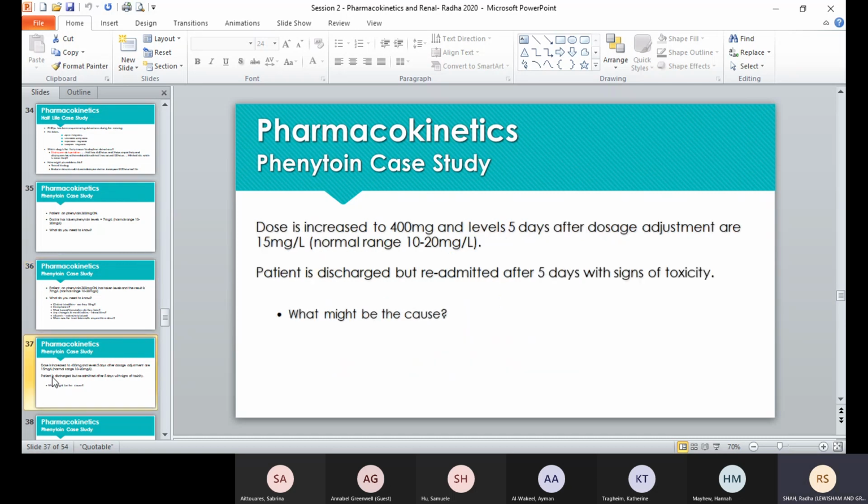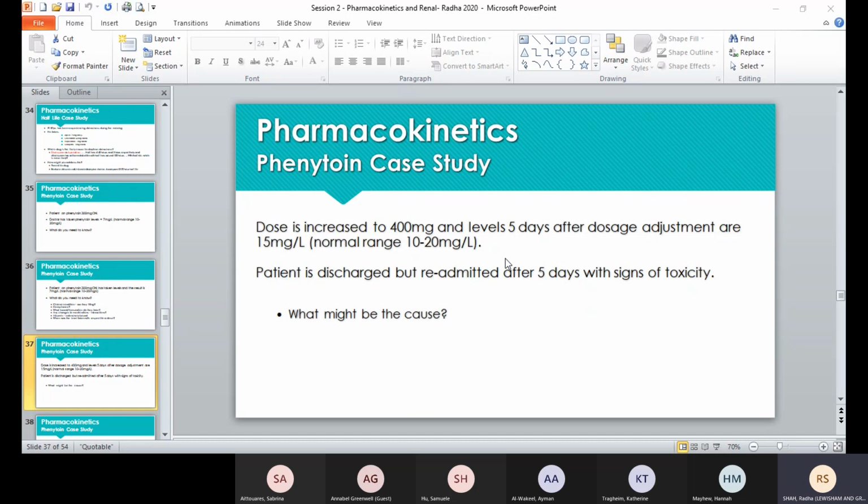So the dose is increased to 400 milligrams, and levels 5 days after dose adjustment are 15 milligrams per litre. The patient is discharged but readmitted after 5 days with signs of toxicity. What might be the cause? Okay, does anyone know what the signs of phenytoin toxicity are?